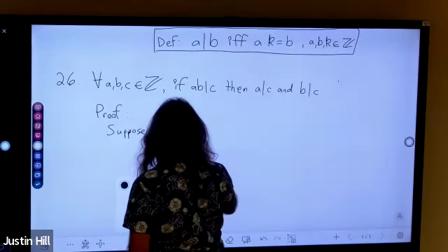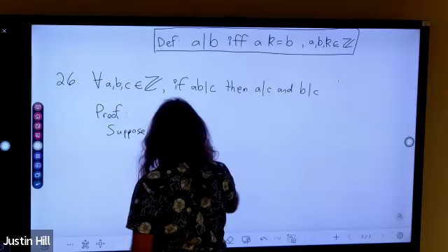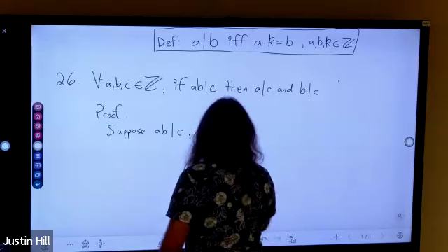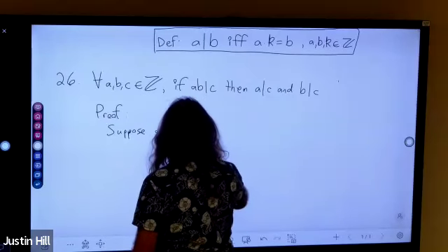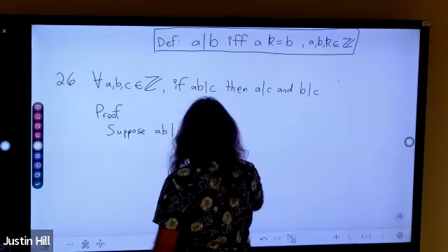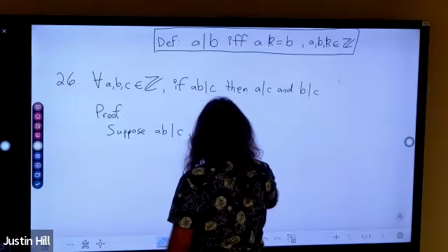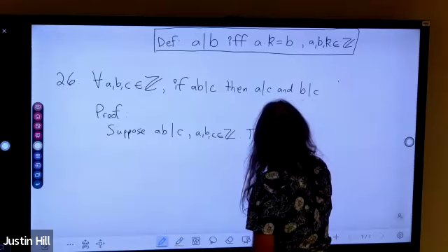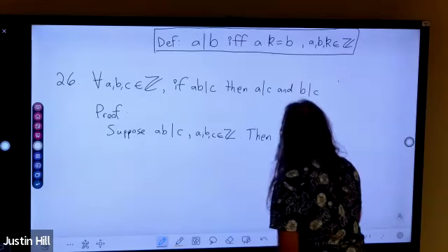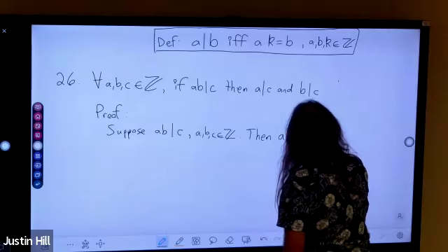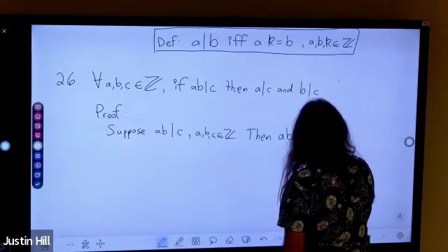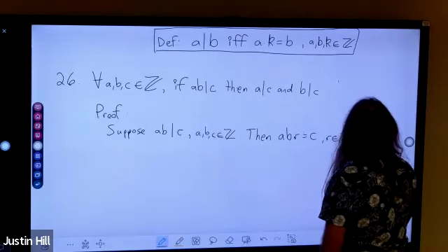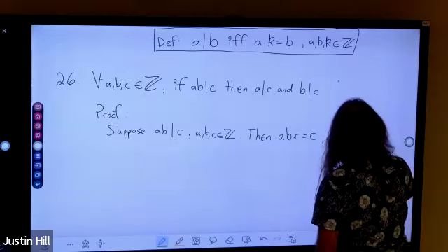Let's just make that a comma instead. Say that A, B, and C are integers. So then what you might have said next is something like this: then maybe ABR equals C, R is an integer. And that's the definition of divisibility.